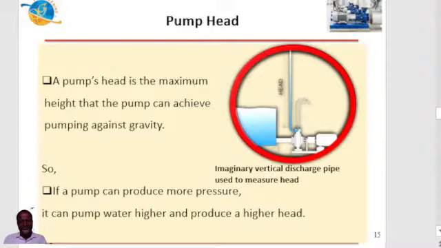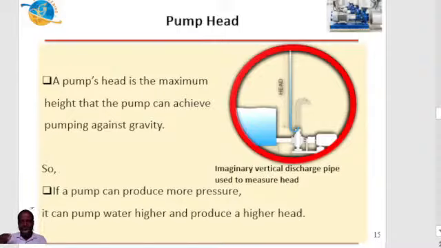And that head is expressed in meters. So if a pump can produce more pressure, it simply means that it can pump water higher and at the same time produce a higher head. So that is the concept of pump head.